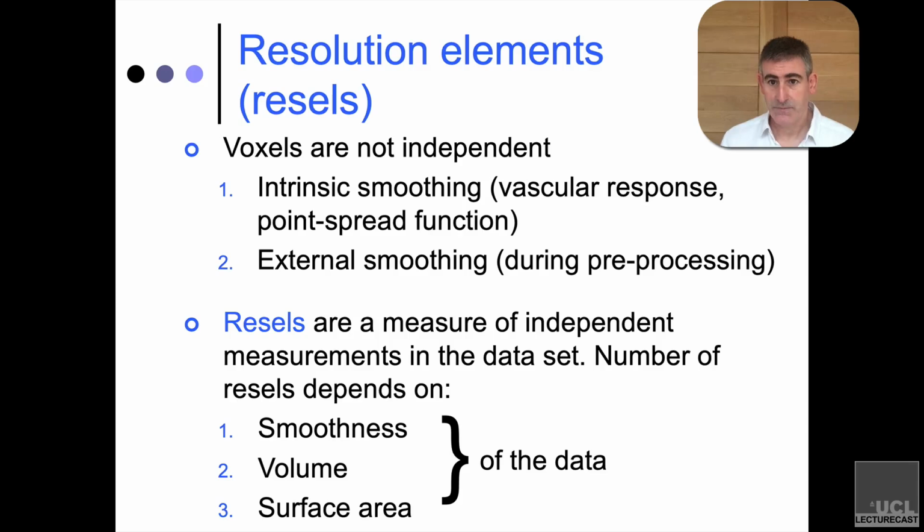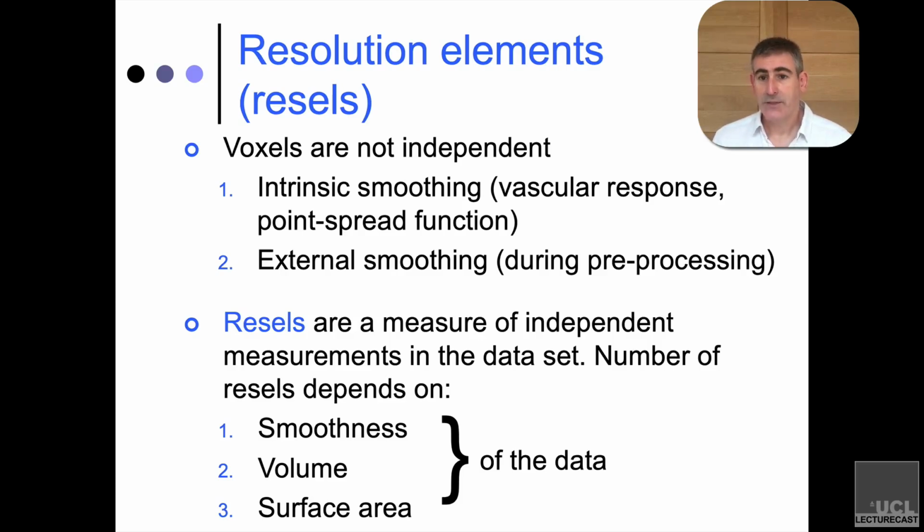Some of that's the physiology that I've just mentioned, the blood flow, and in fact the neural computation. And some of it's due to physics properties and image processing things that we've done. There's something known as a point spread function in the way we actually collect the data with fMRI, which means that we can't be specific to this little 3x3x3 cube. There's a little bit of a spread there.